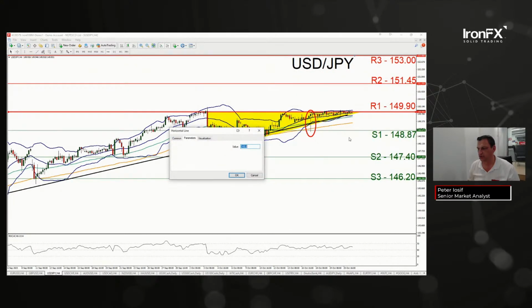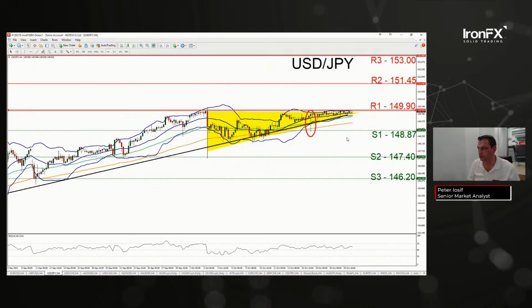There is a slight readjustment in place here, recalibration at 150. It's a nice round figure.